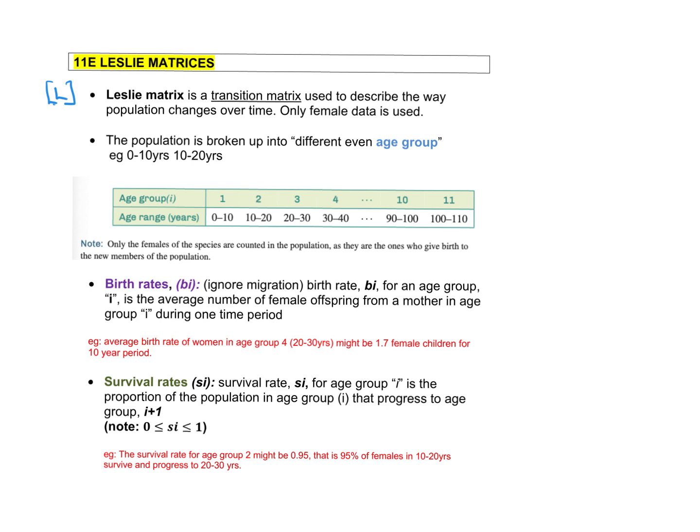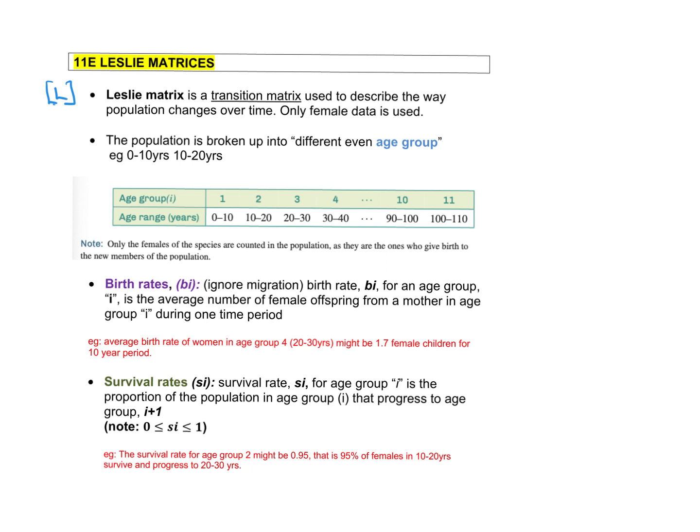You have the birth rates in different age groups of the animal. They might say the birth rate for group 1 is, say, 1.2 per year. That means an animal in that age group has 1.2 babies a year. So that's the birth rate.